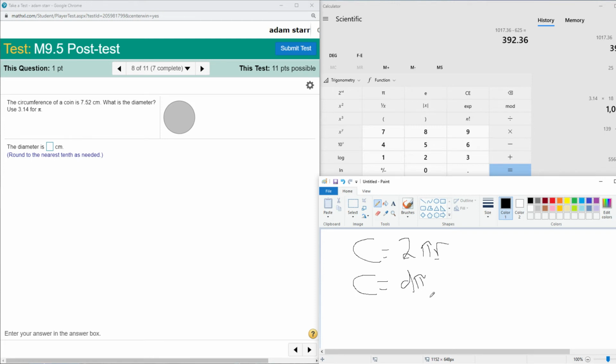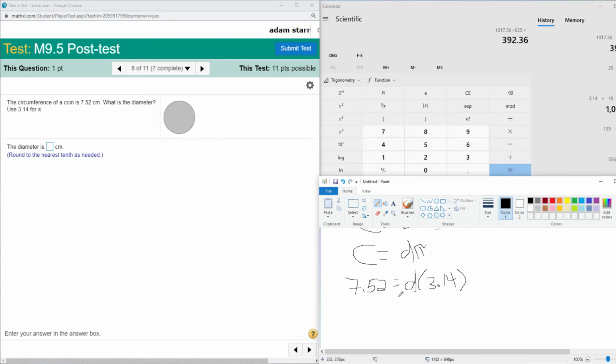Okay, and I want to be able to know what the diameter is. So now that I have this circumference equation, I'm just going to substitute what I know. I know my circumference is 7.52. I don't know my diameter, but I do know that it wants me to use 3.14 for pi. So it creates this equation, and I want to find the diameter.